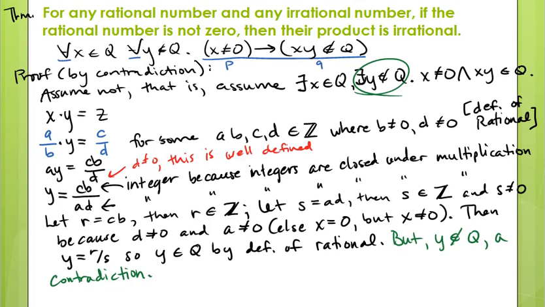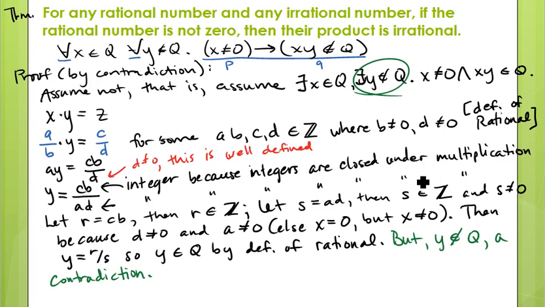Now, up here we assumed that there does exist some rational number and irrational number where the rational number is not 0 and the product is rational. And this was an assumption that we made, so now we know that this assumption is false because we reached a contradiction, and that can't happen in logical world unless you've made a false assumption.